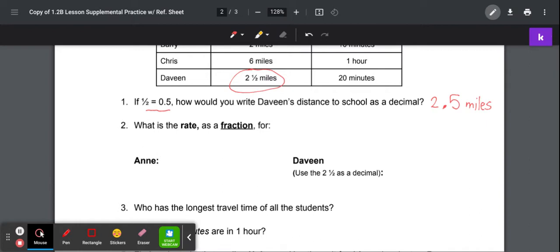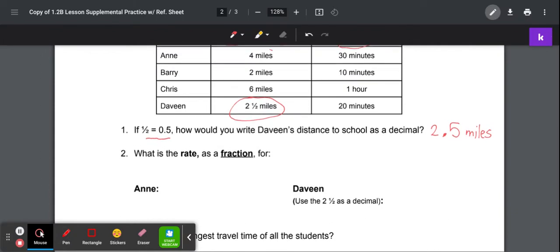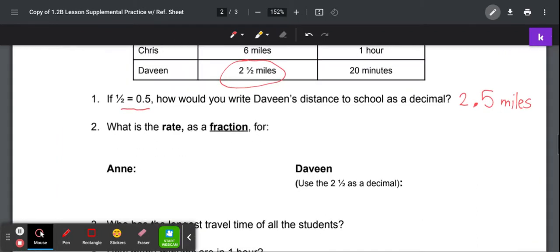For number 2, it says, what is the rate as a fraction for each of these people? So Anne travels 4 miles in 30 minutes. So her rate would be 4 miles in 30 minutes.